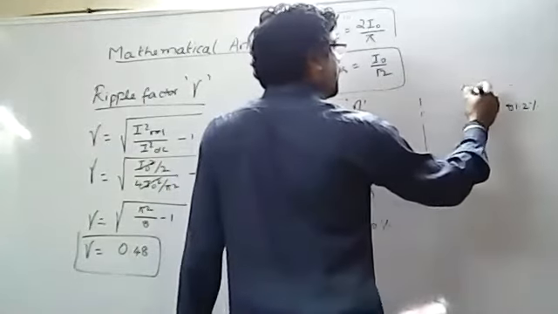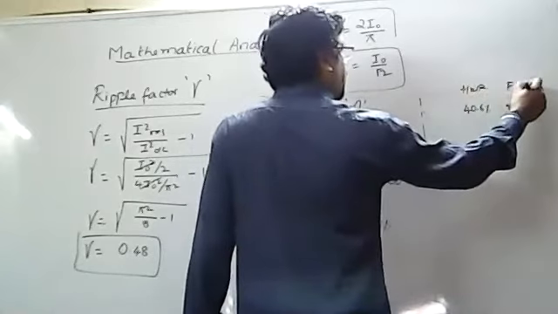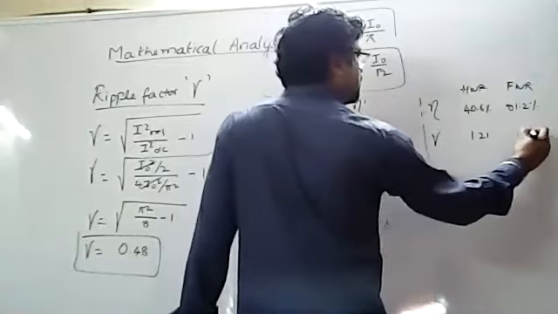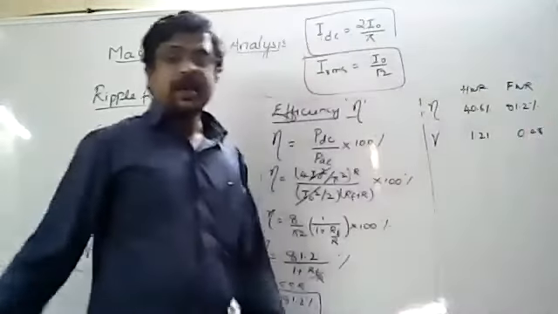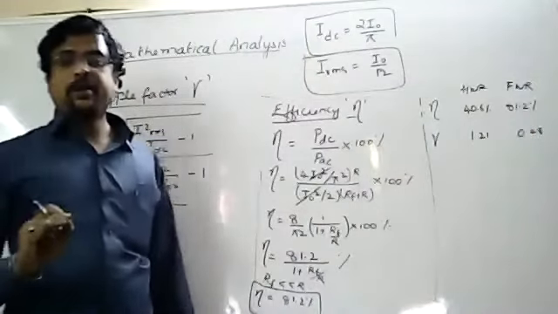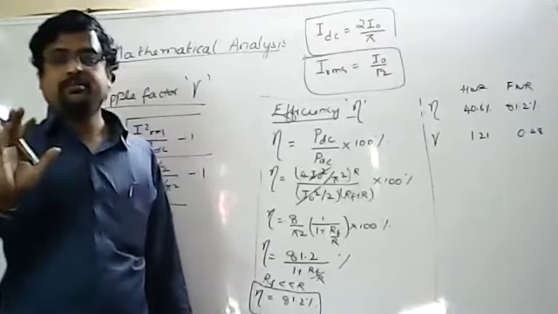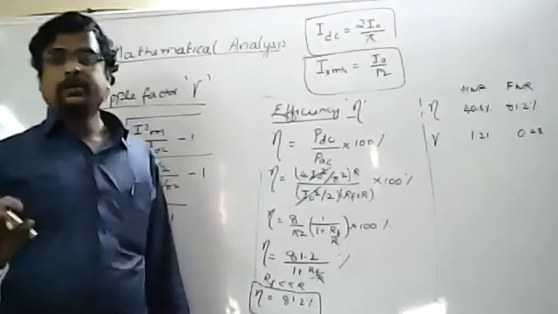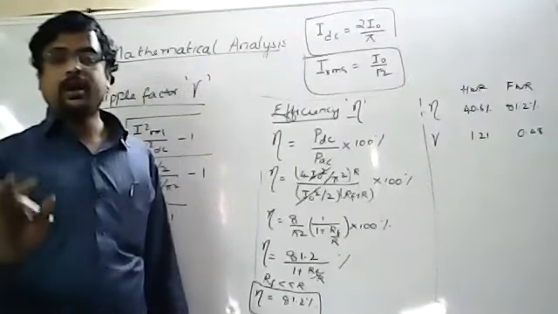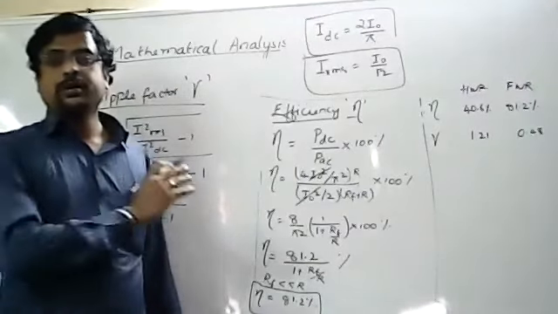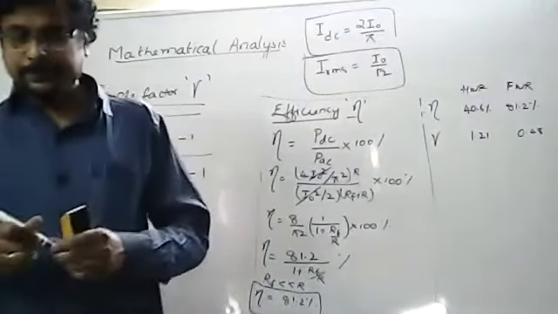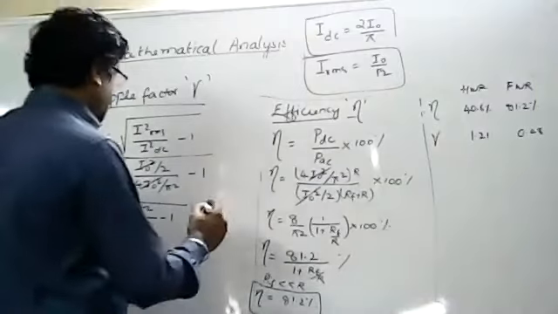This is half wave rectifier, full wave rectifier. Efficiency, and ripple factor is 1.21 and 0.48. That means I am getting a ripple factor less than 1. So hence a full wave rectifier is used in place of a half wave rectifier.